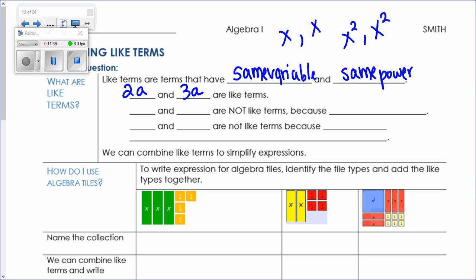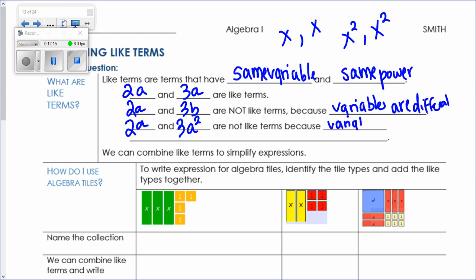Now, 2a and 3b are not like terms because the variables are different. Now, if I have 2a and 3a squared, these are not like terms because the variables have different powers.